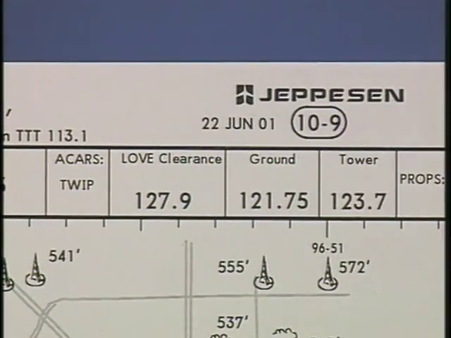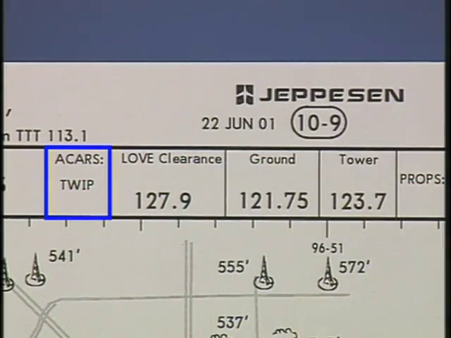Following the ATIS frequency is a listing for ACARS and TWIP. This indicates that an electronic data link is available through the Aircraft Communications Addressing and Reporting System, commonly referred to as ACARS. The service provided is the Terminal Weather Information for Pilots System, or TWIP, which delivers terminal weather information to the cockpit.